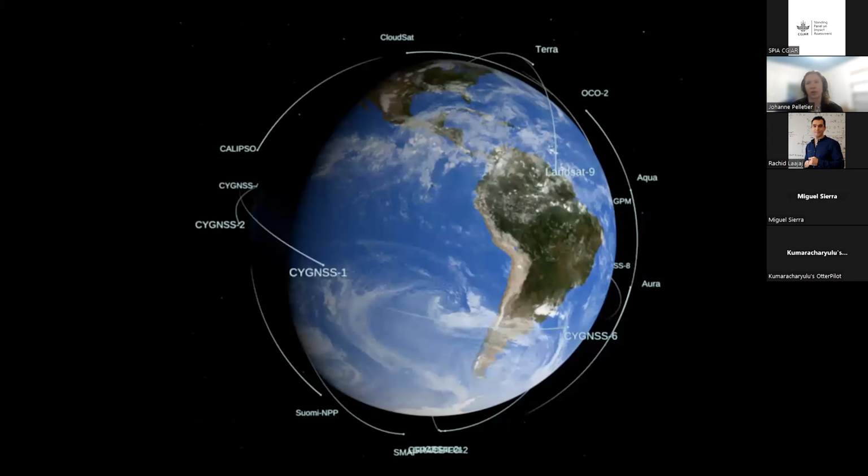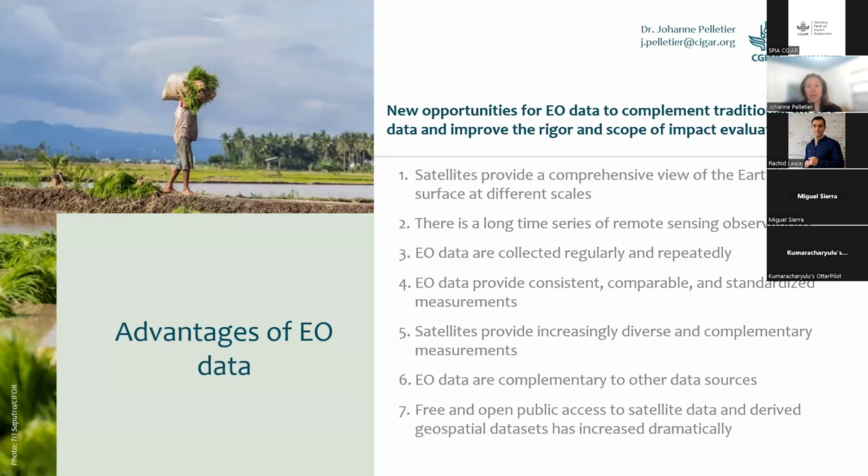GEDI, that's on the International Space Station, provides LiDAR measurement. And from the European Space Agency, there's even other selection, including Sentinel-1 synthetic aperture radar. Remote sensing can be very complementary to other data sources, and it's often free, open to the public, and there's an increasing number of geospatial datasets made available.